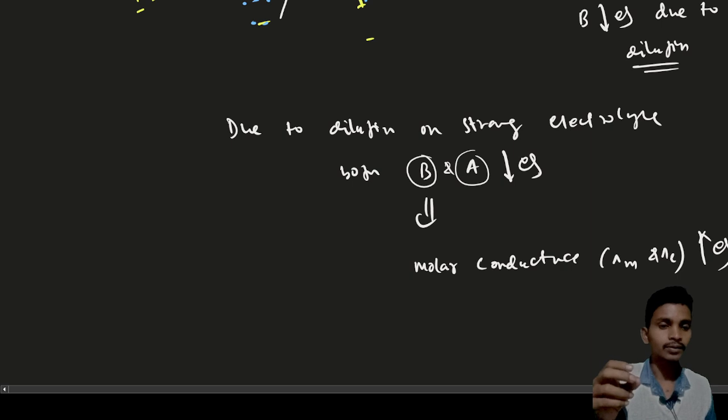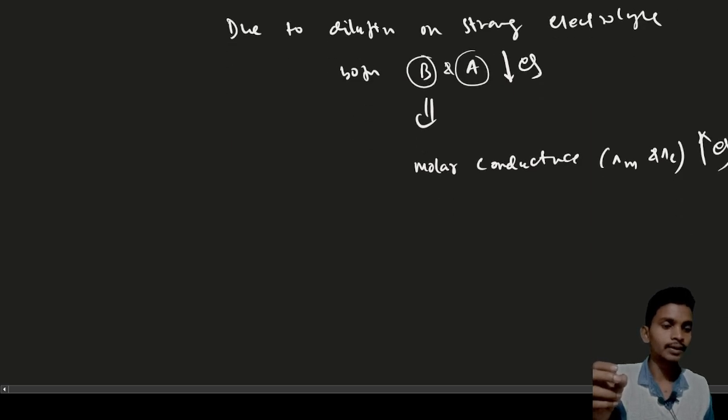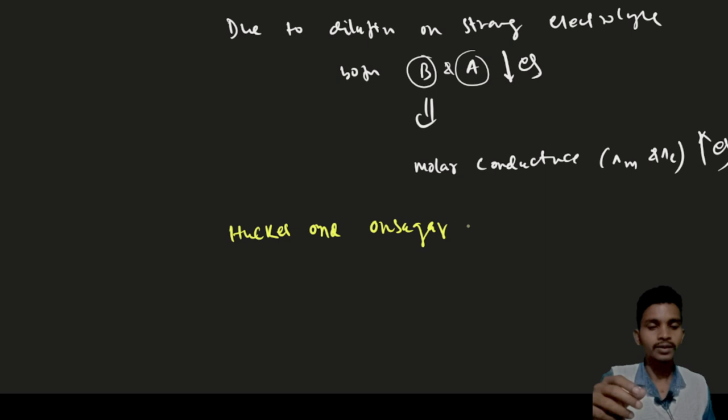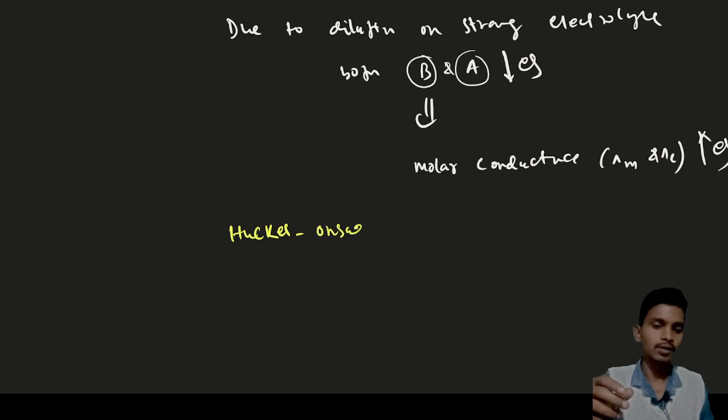So Huckel and Onsager gave equations called the Huckel-Onsager equations.